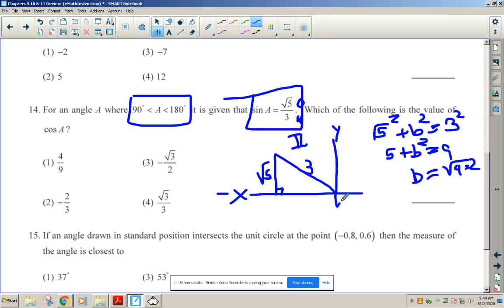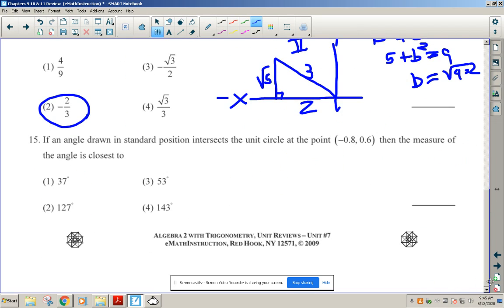So the base of this triangle is now 2. It's heading in the negative direction. So if I want cosine, I am going to be negative. I went 2 in the negative direction, and my hypotenuse is 3. Whenever you have these types of problems, you absolutely must go back to the Pythagorean theorem.